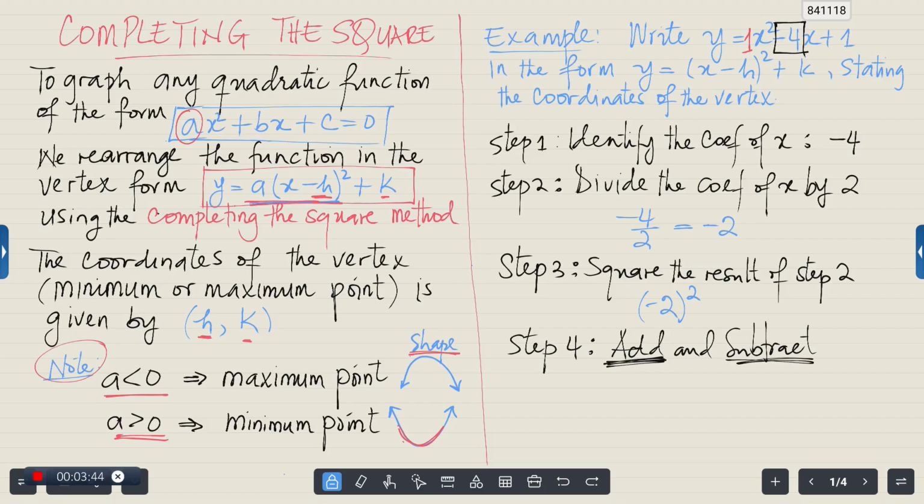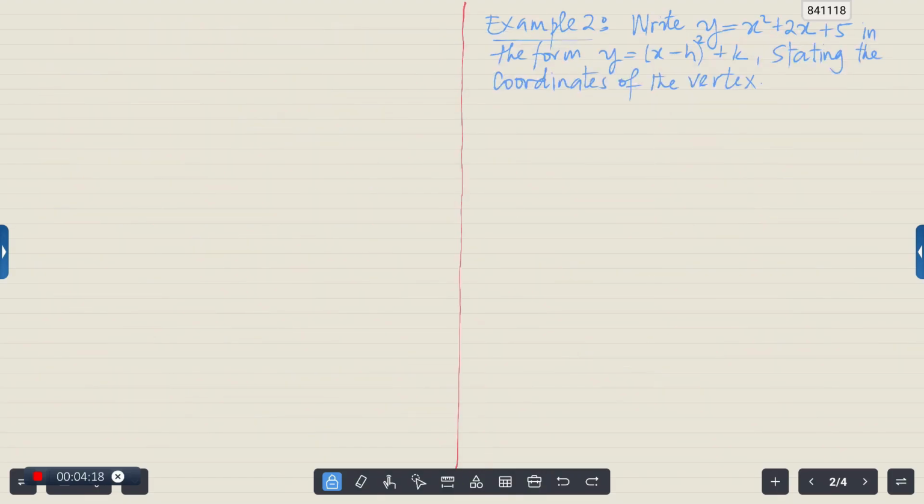We add first and then we subtract the result of step 3 to the quadratic equation. Perfect. If we do this, what do we get? Let's go to the next page.